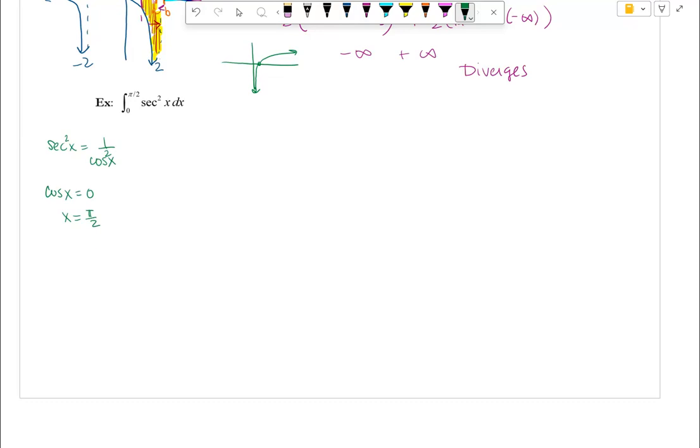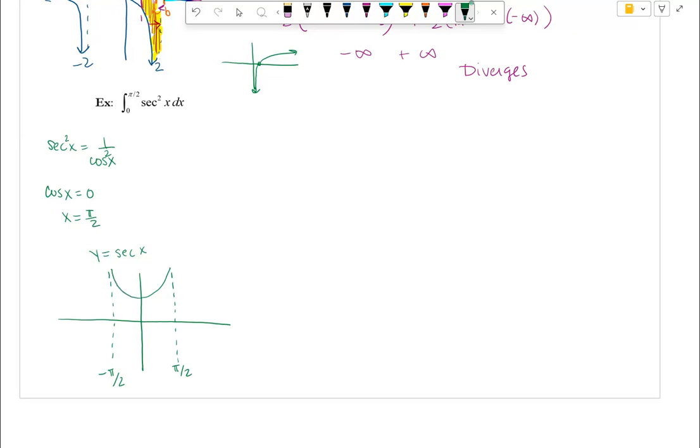So if we remember our graph of y equals the secant of x, we said it's going to have vertical asymptotes at pi over 2 and negative pi over 2.